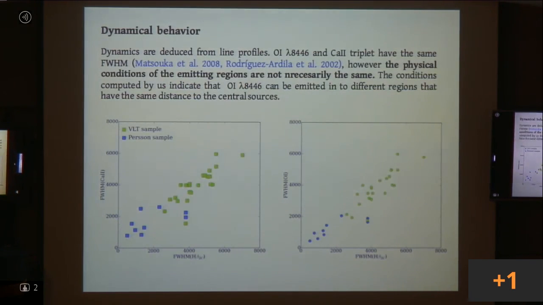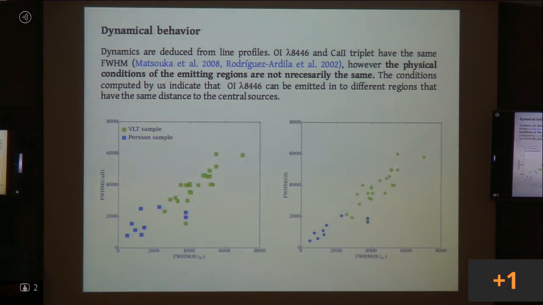Before I say what this means, I wanted to say also that the dynamics of the region that emits the lines is deduced from the profile of the line, which, as you have seen in the case of broad lines, can be analyzed. Of course, if you have high signal to noise, good resolution spectra, which is not always the case.